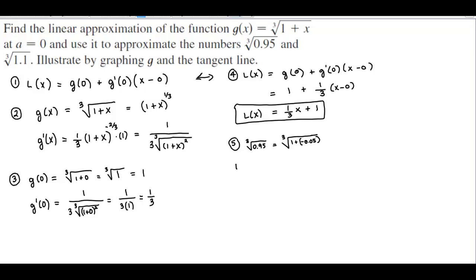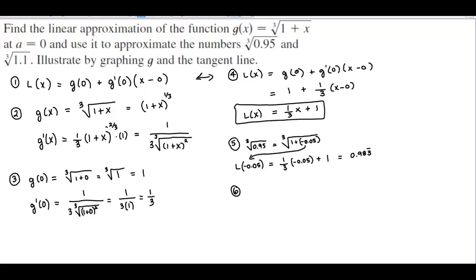And so we want to find the linearization when we let x equal negative 0.05, and that's going to equal 1/3 times negative 0.05 plus 1. When we plug that in, we get approximately 0.983 with the 3 repeating.